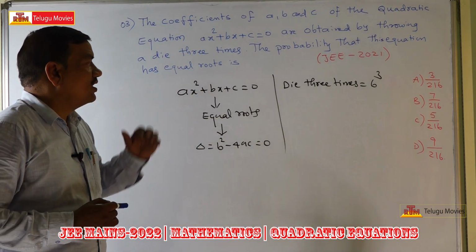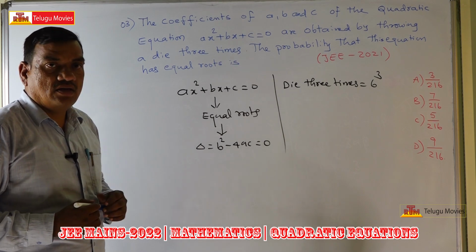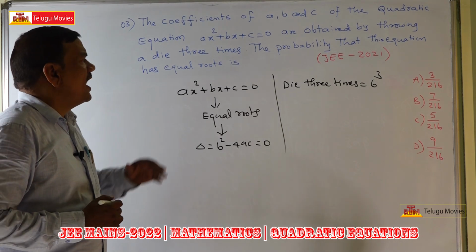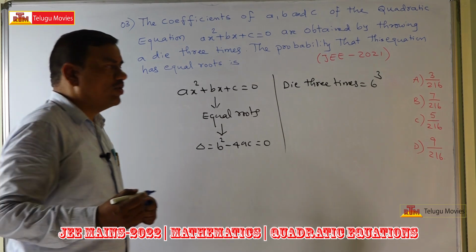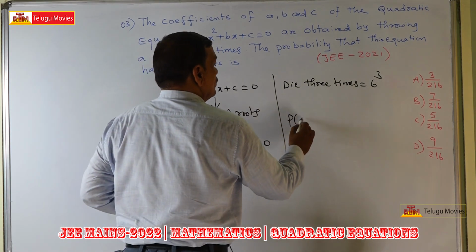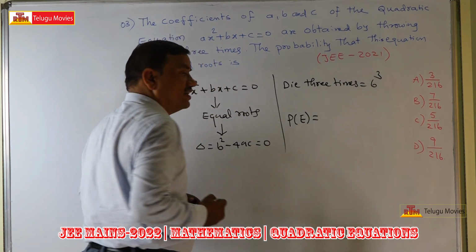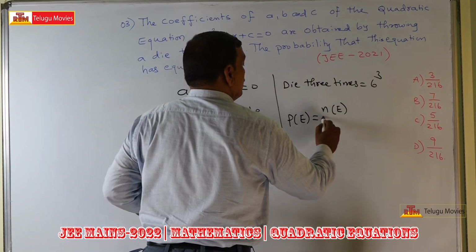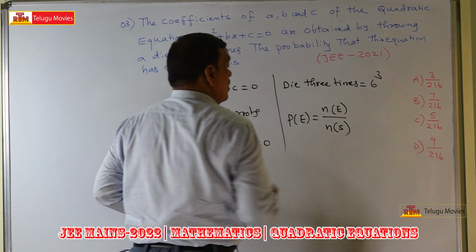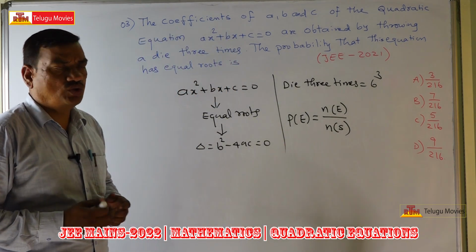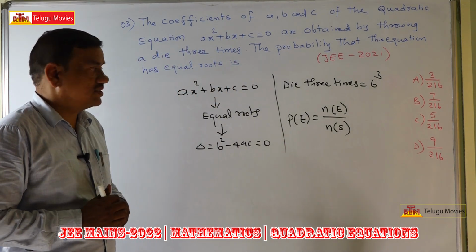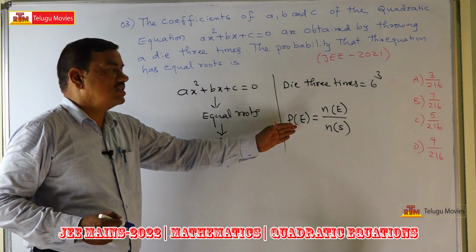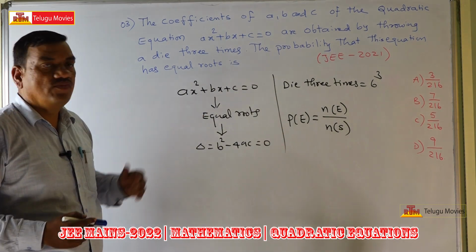Understand? This is the second concept. And the third one is: probability of an event is equal to the total number of favorable cases by the total number of outcomes, that is, n of E by n of S. If you know these three concepts, we can solve this problem very easily.